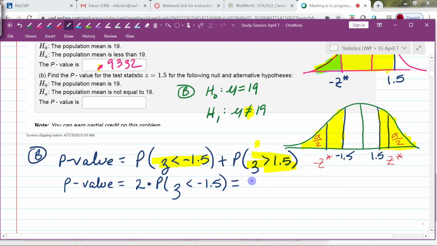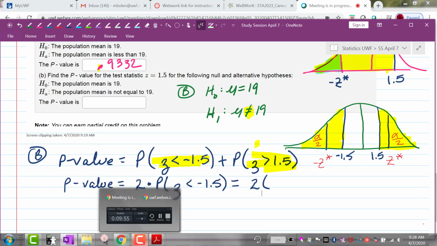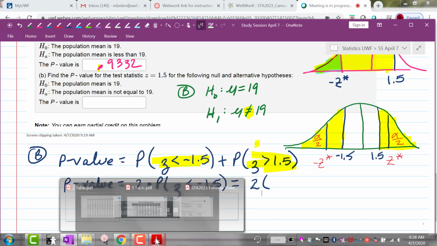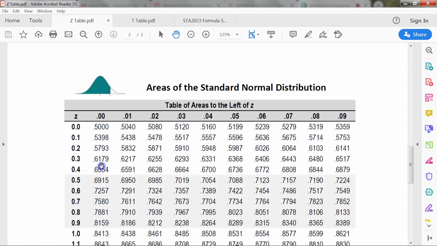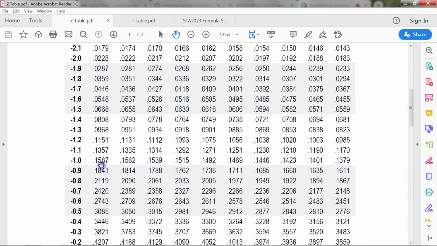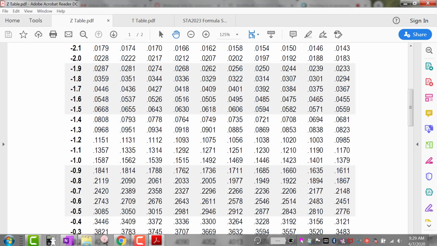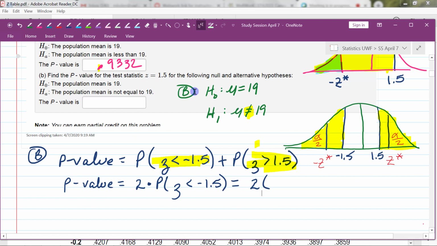So I'm going to say 2 times, and we're going to look up the area under the curve to the left of negative 1.5. So grab out your tables, look it up for yourself, and let's see if we all come up with the same answer. Negative 1.50 is right here, 0.0668.